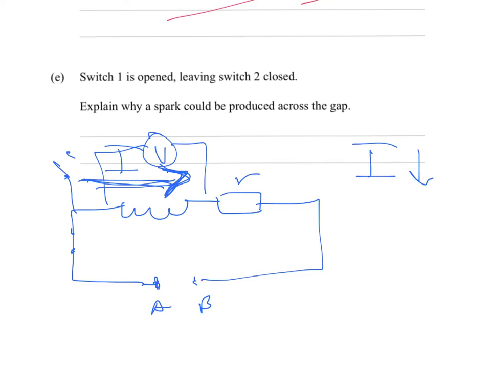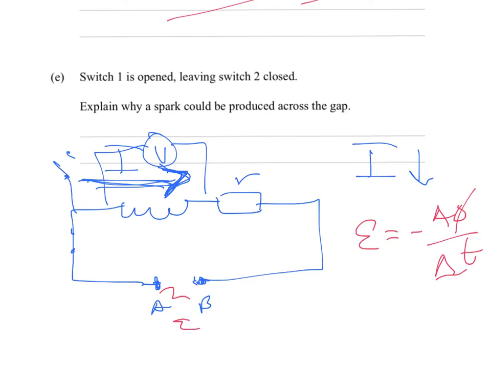That allows a high enough voltage to be produced to drive a spark across the gap AB. That's pretty much the heart of it. You can get into really technical detail about the rate of change of flux and Faraday's law, and whether induced EMF is the change in flux over the change in time, and that's where it all comes from, that induced EMF.